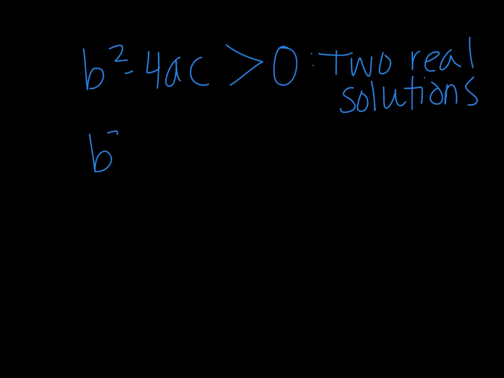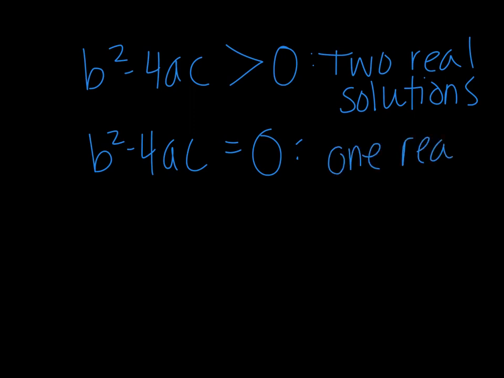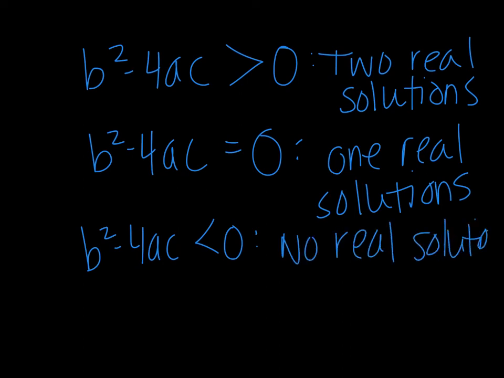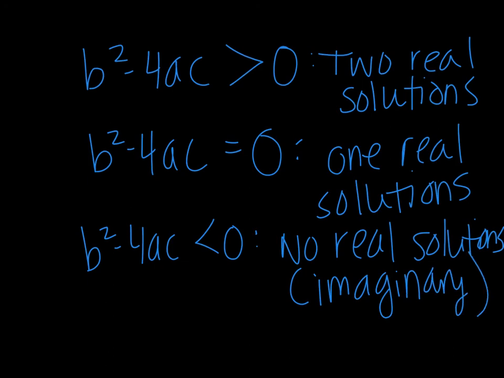If the discriminant is equal to 0, that tells me that there's only one real solution, because I can't really have plus or minus 0. It's just going to be 0. So that'll only give me one answer. And if b squared minus 4ac is less than 0, if it's negative, that tells me that there are no real solutions. That my solutions are going to be imaginary, because I'm going to be square rooting a negative, which causes imaginary answers.